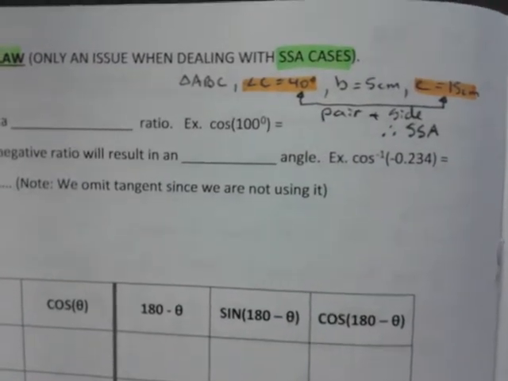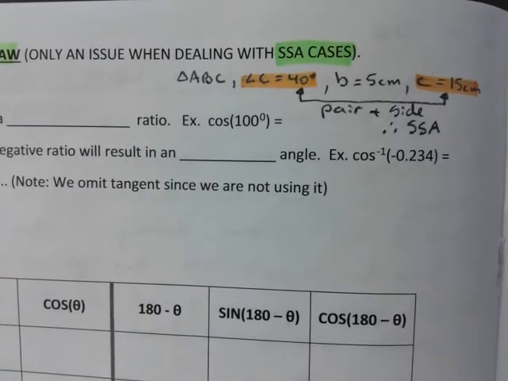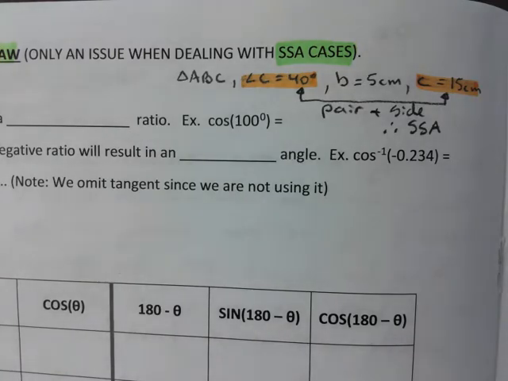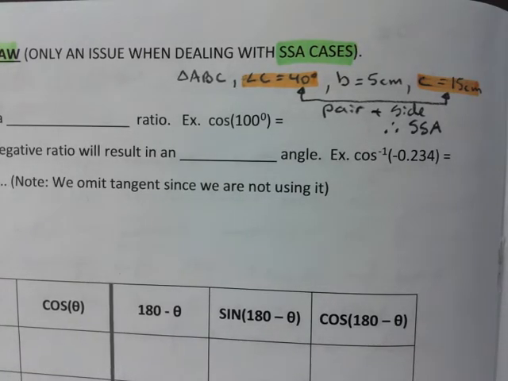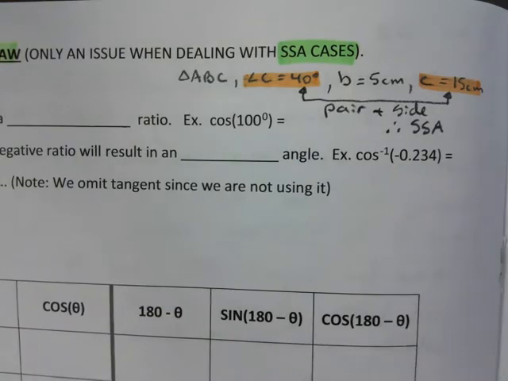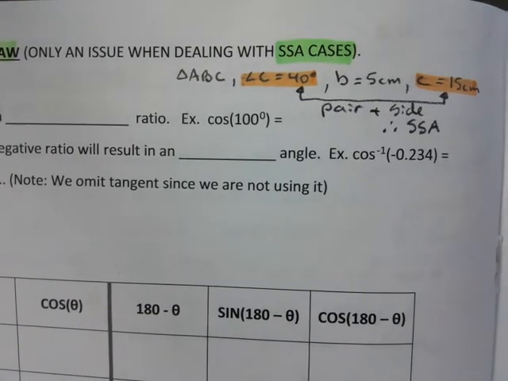And if you miss that, you will find out once you start graphing it. You'll start finding out, oh yeah, this is SSA, this is the pair and the one side. So keep that in mind. When you see that, boom, you know this will be an SSA. You don't even have to graph it, right?